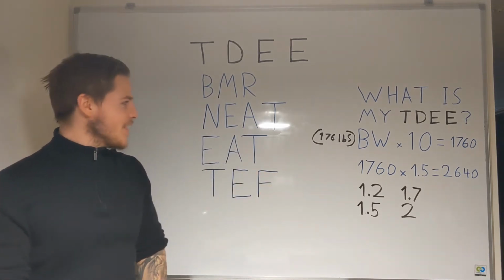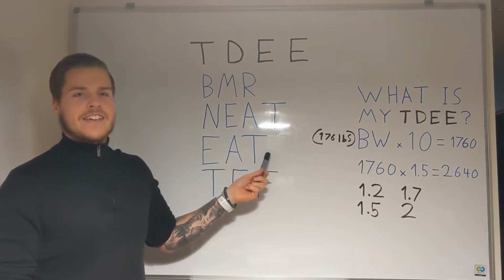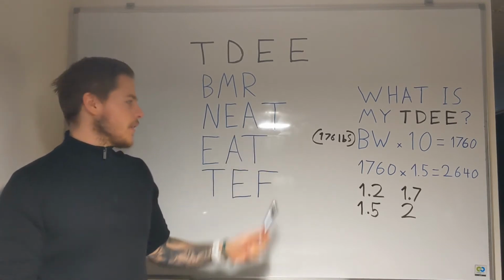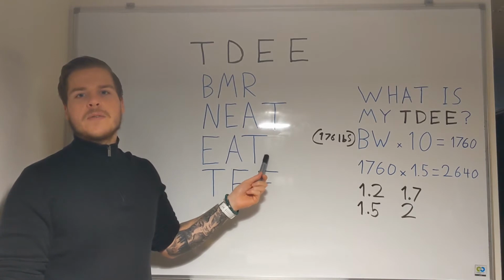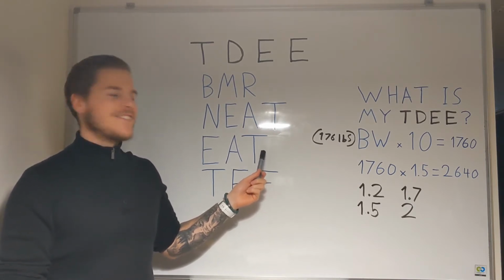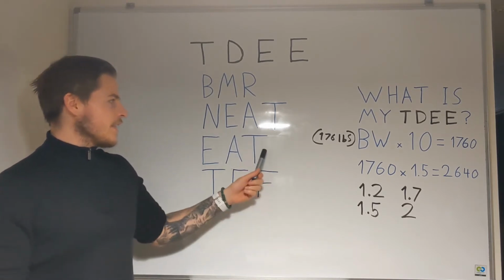The next one is EAT, and that is exercise activity thermogenesis. This is pretty much the same thing as NEAT, but this is if you're going to the gym, going for a run, training for a marathon, whatever it might be, any type of exercise.